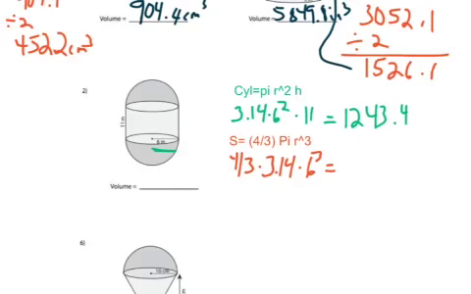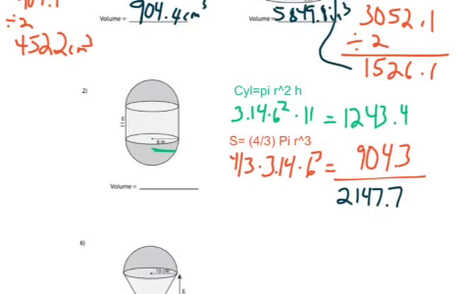When you do that, you end up getting 904.3. So what we're going to do is just add those two guys together. And when you add those two guys together, we are going to get 2147.7 meters cubed. So that would go right there in your volume.